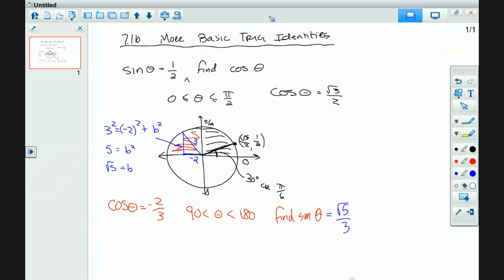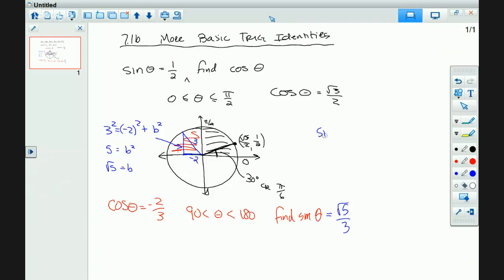So if you want to handle this with an identity, is there an identity that relates sine and cosine? Can you find one? Right. Okay.